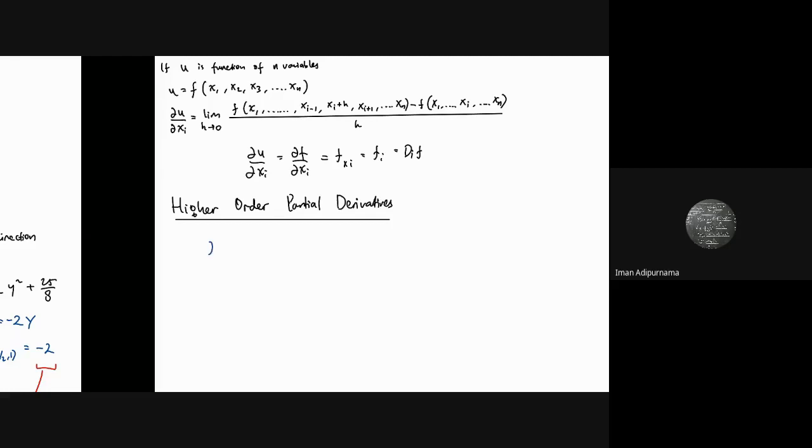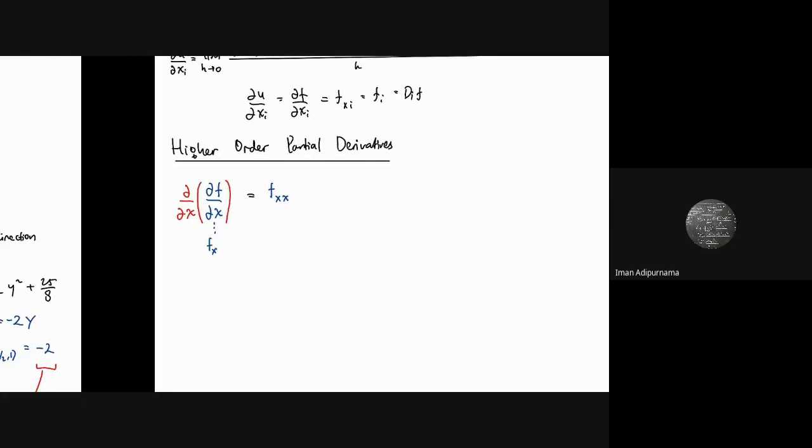If we have the partial x, and we derive one more time with respect to x, this is fx, right? If we derive one more time, it becomes fxx.